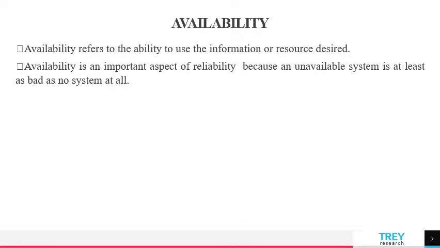Okay, so availability is an important aspect of reliability, because an unavailable system is at least as bad as no system at all. What do we mean when we say it's as bad as no system at all? For example, let's use Zanaco as an example. You go to a Zanaco ATM machine, you want to withdraw cash, and you find that the system is not working.